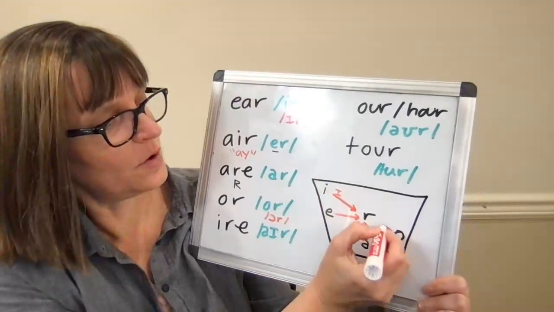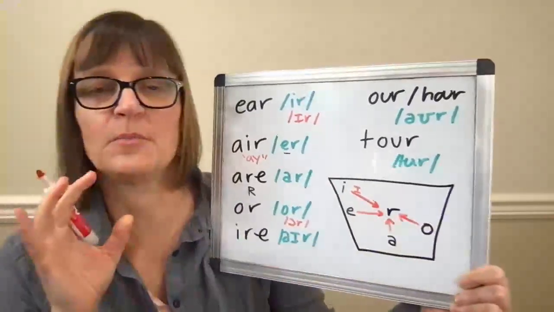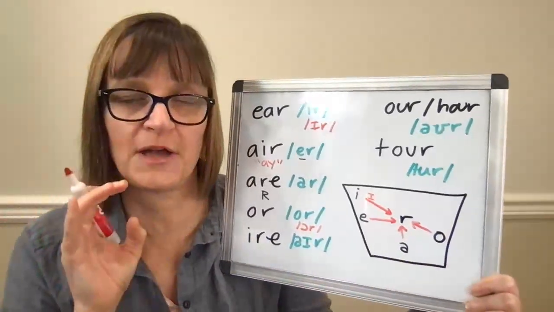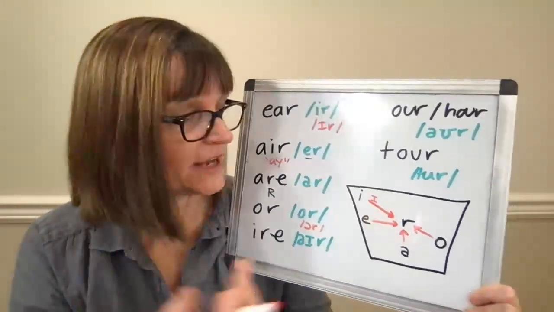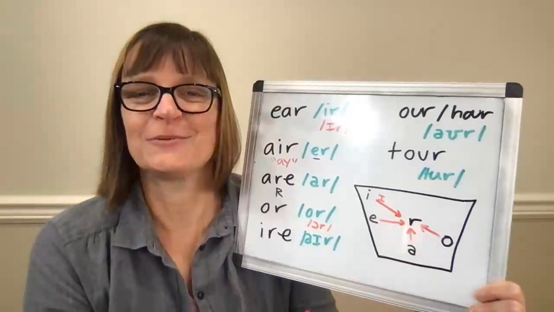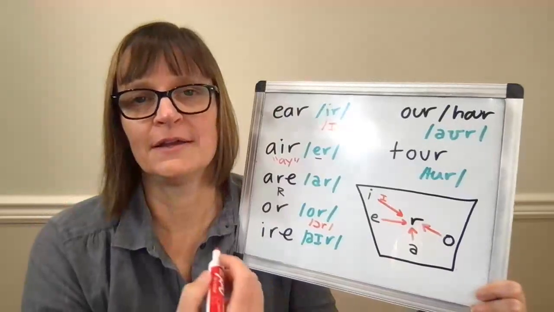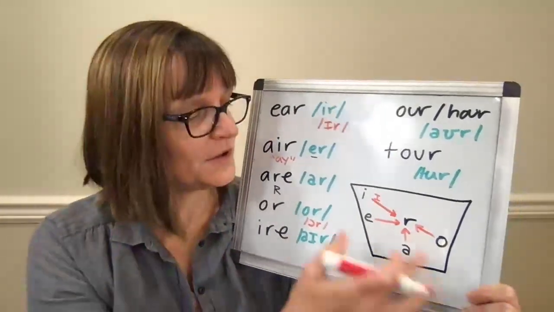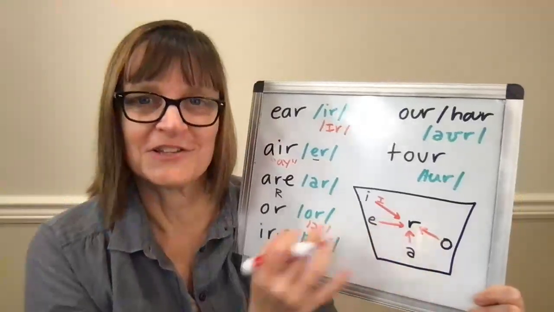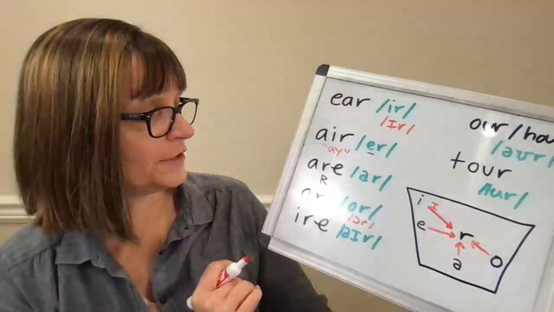We have or as well. So I'm moving from a rounded O to my R. There's not a lot of movement and change in the lips because we have to do these sounds quickly. I have to say for, ignore, store, but there is movement, and when you can kind of figure out your starting place and your ending place, that might be helpful for you.